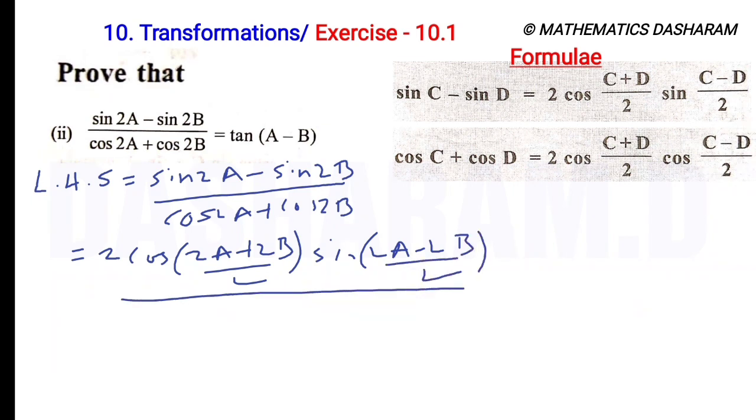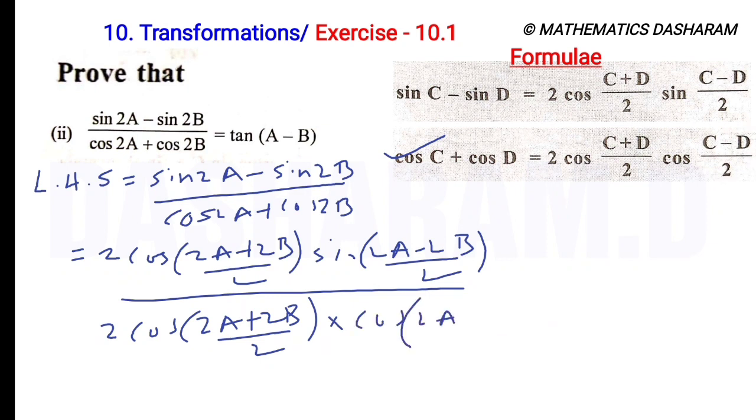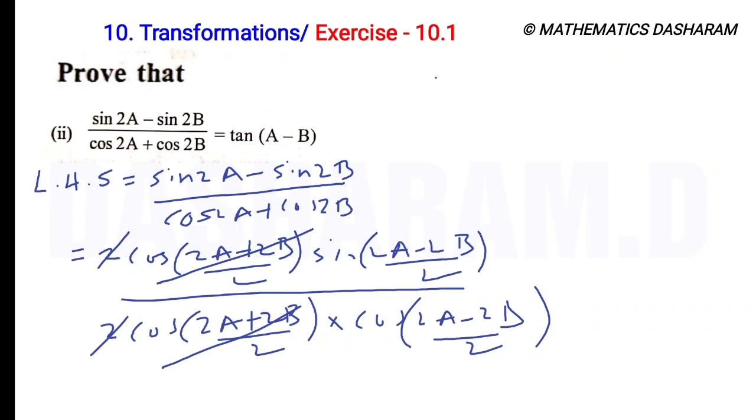Next cos 2a + cos 2b, that means the cos C plus cos D formula: 2 cos((2a + 2b)/2) into cos((2a - 2b)/2). Here the 2 and cos((2a + 2b)/2) are both cancelled.